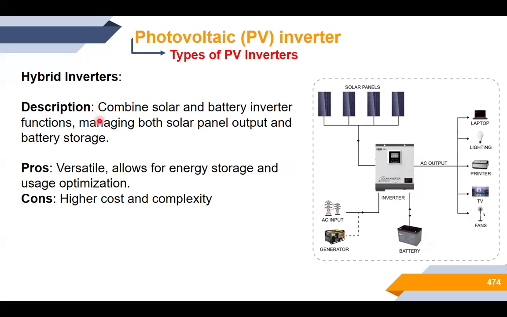So this is a short description. With the hybrid inverter, we can combine solar and battery inverters for managing both solar panel output and battery storage. The most important issue in this configuration is the high cost and the complexity of the system.